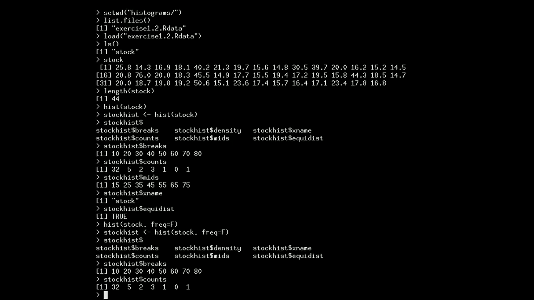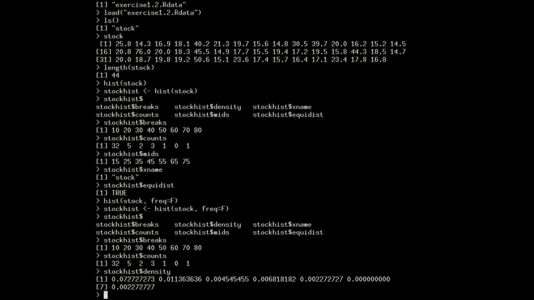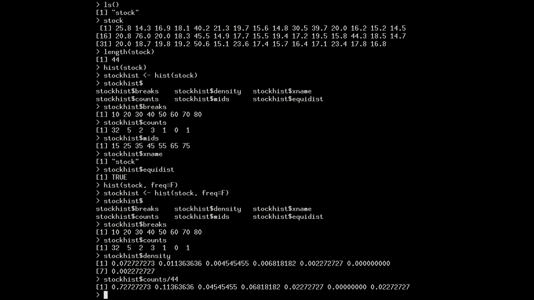But now let's look at the value of density. So density, we get a bunch of values, and so we know that our counts actually tell us how many counts that we've got in each particular bin. Well, we know that we've got 44 data elements. So if we do our stock hist counts, and then if we divide that by 44, let's see what values we have.